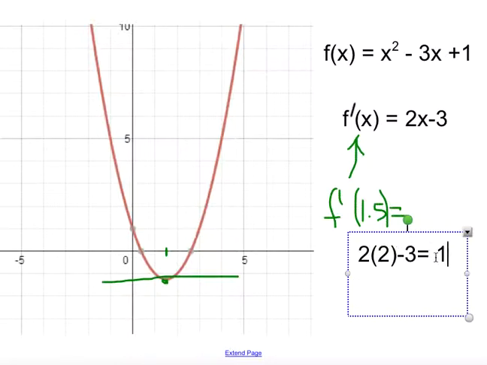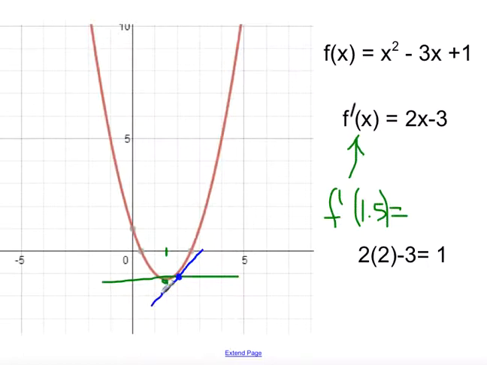So the slope of the tangent line when x is equal to 2, which is here, and I draw a tangent line, just look at that. The slope of this tangent line is 1. Up 1 over 1, up 1 over 1.